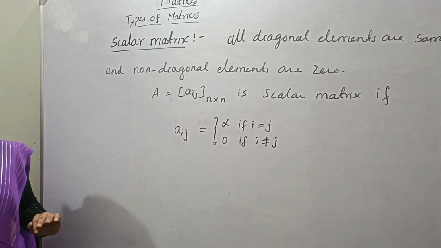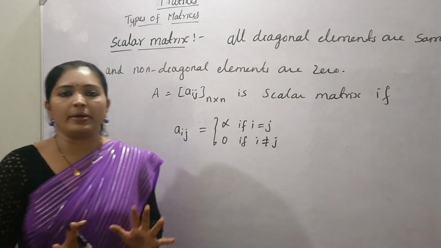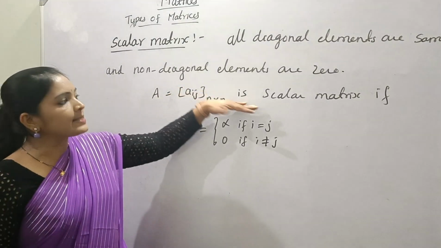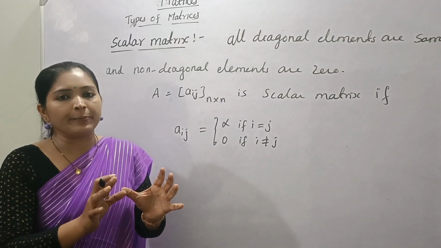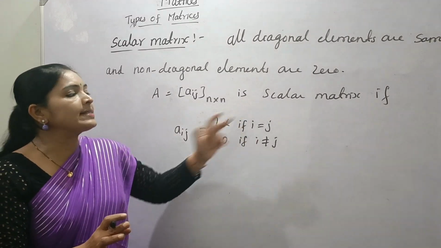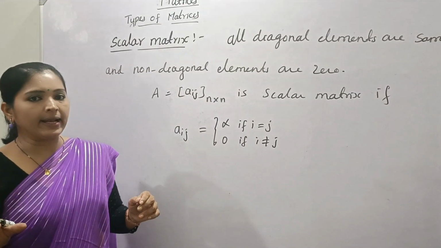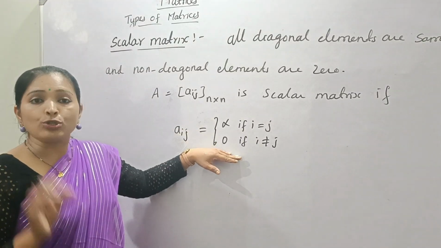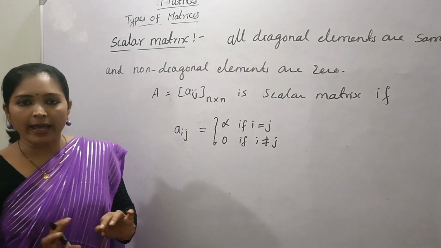In this way we can define it. Here Aij means all the elements of this square matrix. So it is a scalar matrix if Aij is equal to a constant number if i is equal to j, which means all the diagonal elements. Aij is equal to 0 if i not equal to j, which means non-diagonal elements.